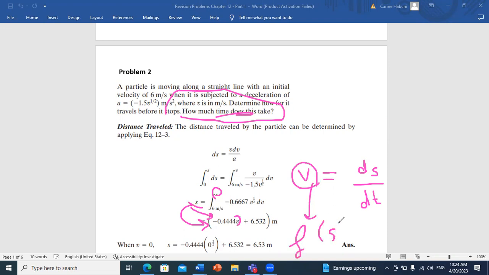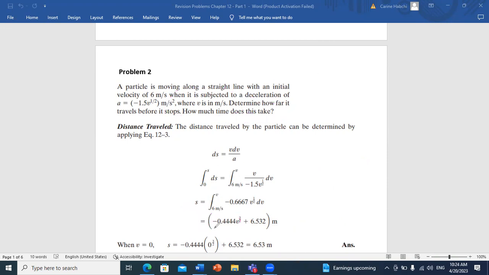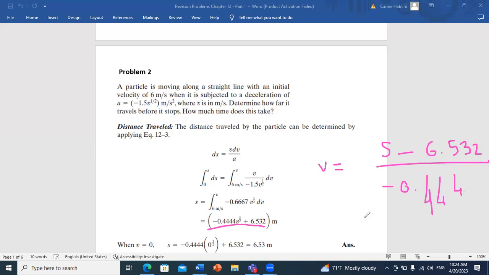And all we have to do is to rearrange terms, okay? Because from this equation, I can take this to the other side. So I have that v is equal to (s minus 6.532) over (minus 0.444) times radical of 3 over 2.